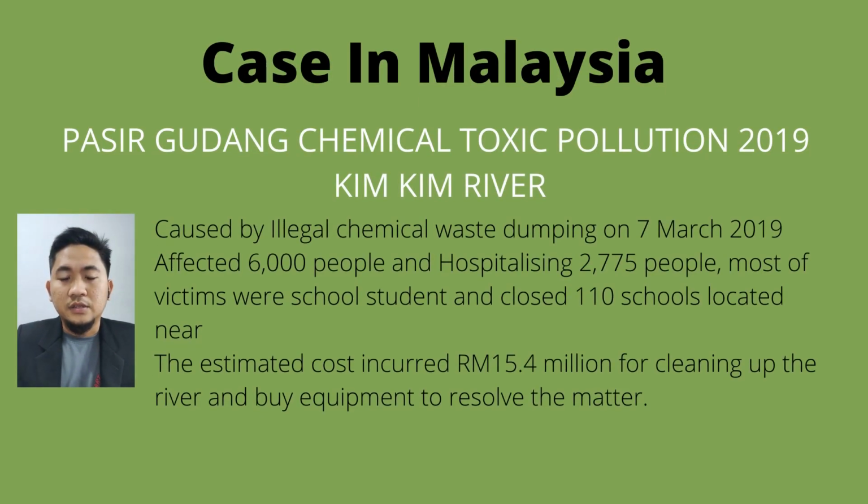Alright. An example case in Malaysia related to the environment and social impact. In 2019, Kim Kim River was polluted by toxic waste. The water pollution incident occurred on 7 March 2019, caused by illegal chemical waste dumping at Kim Kim River in Pasir Gudang of Johor, Malaysia.